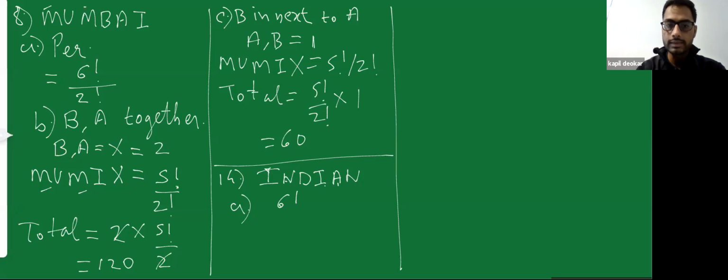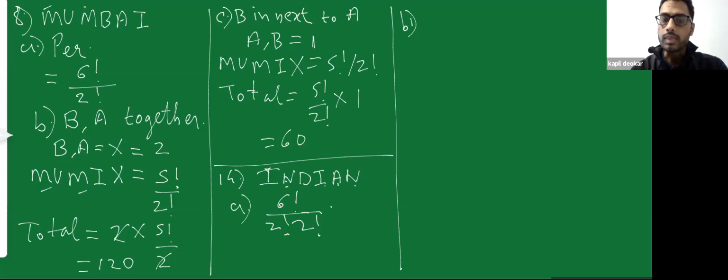So I can arrange it in 6 factorial ways. But I is repeated twice, so I'll have to divide by 2 factorial. Also, N is repeated twice, so again I'll have to divide by 2 factorial. So when no particular condition is mentioned, it is 6 factorial divided by 2 factorial for I, and again divided by 2 factorial for N.